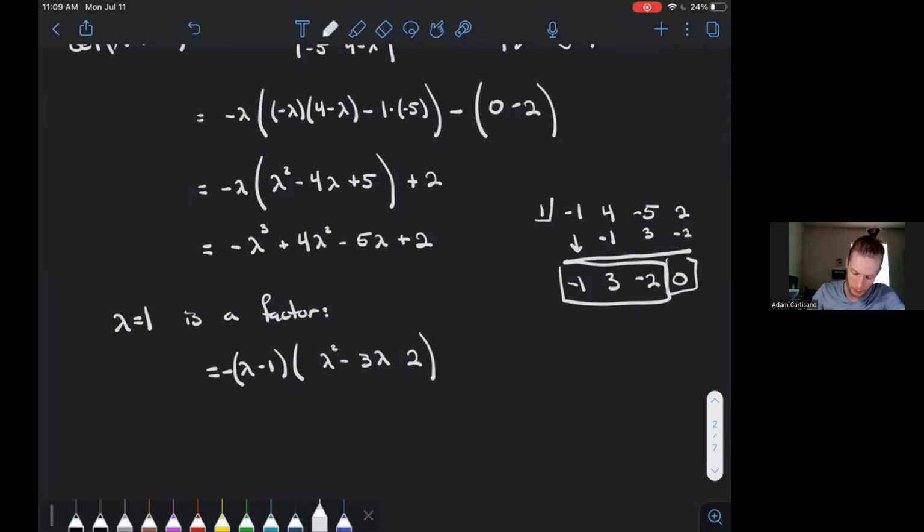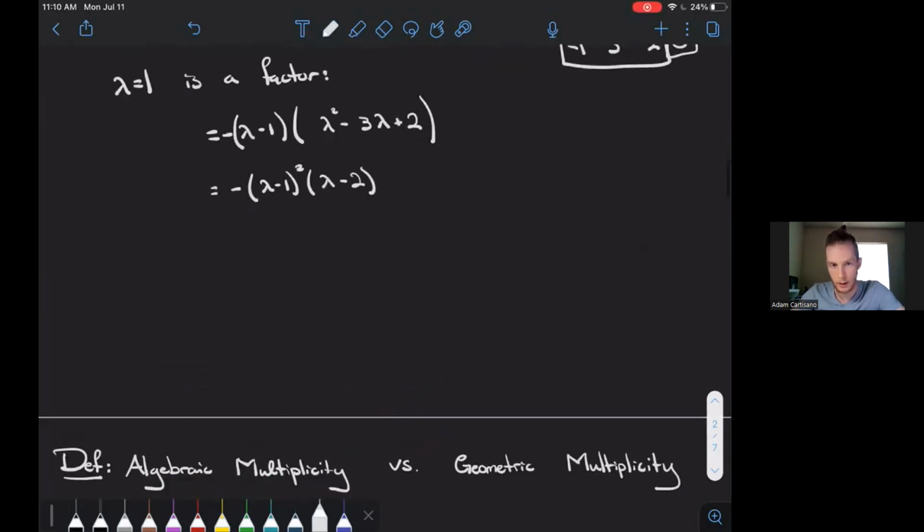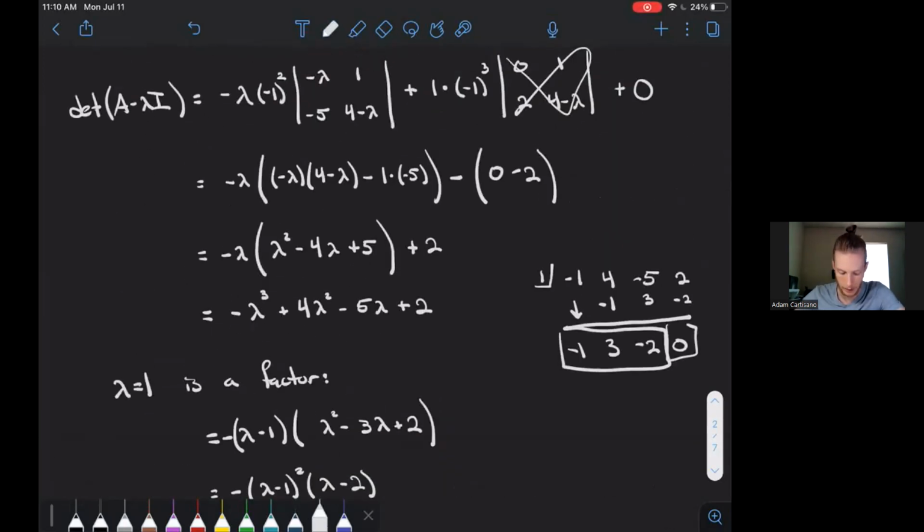So lambda squared minus 3 lambda plus 2. And that factors as negative lambda minus 1 times lambda minus 1 times lambda minus 2. And let's just rewrite that as lambda minus 1 whole squared times lambda minus 2. Reason is we're going to talk about something called the algebraic or geometric multiplicity of an eigenvalue in just a moment.